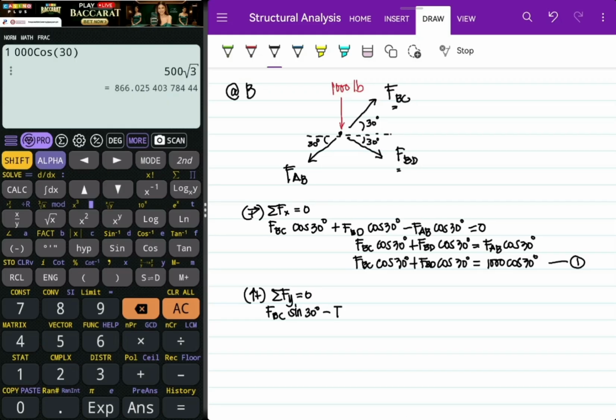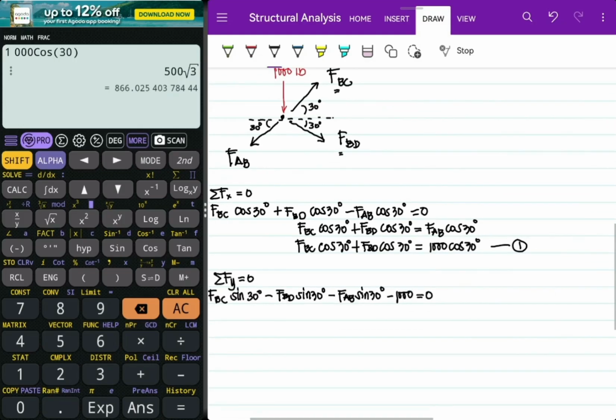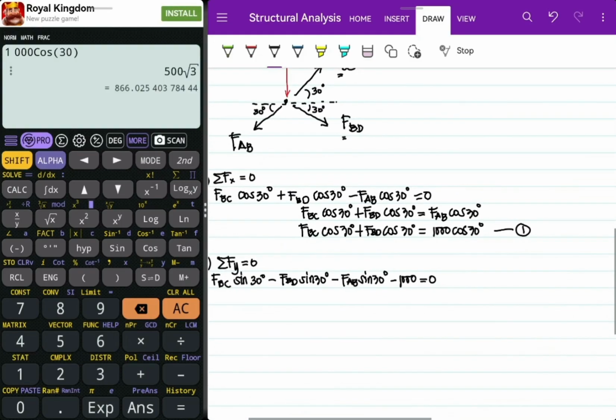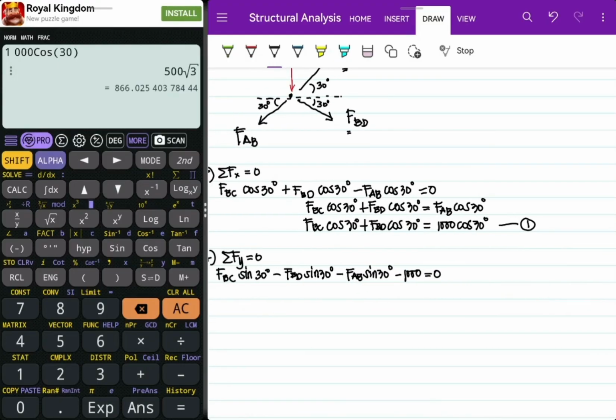Then minus FBD sine 30 degrees minus force AB sine 30 degrees minus 1000 is equal to 0. Now, what you can do here is solve for BC, since BC is the only positive value here.